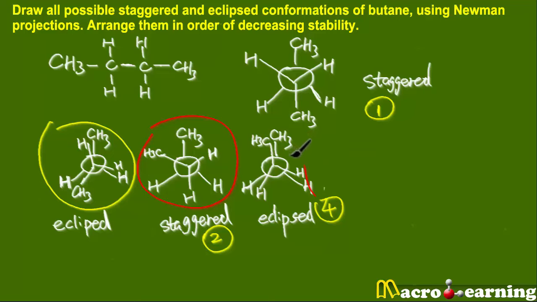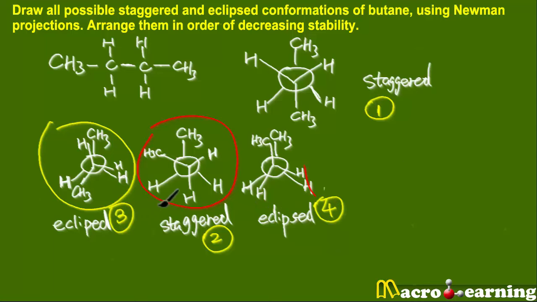So they're really kind of overlapping. That creates a lot of strain, and causes the molecule to be very unstable. The least stable one is thus this one, and this one is obviously going to be number 3.